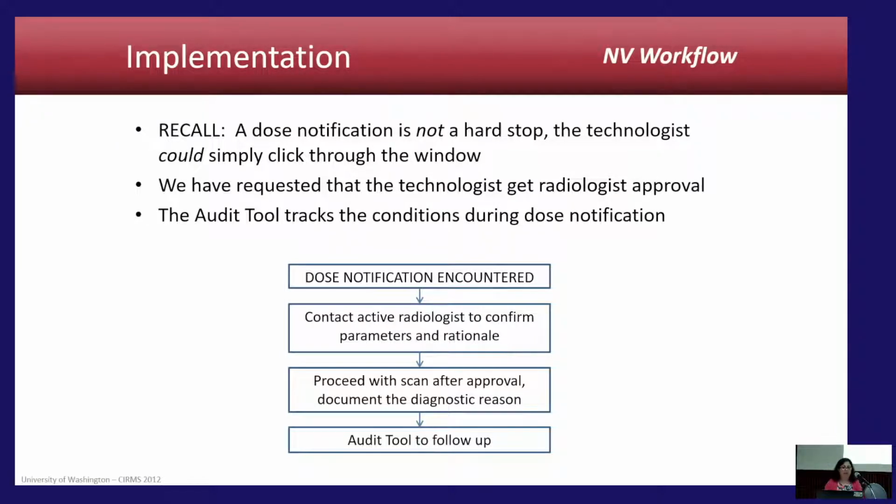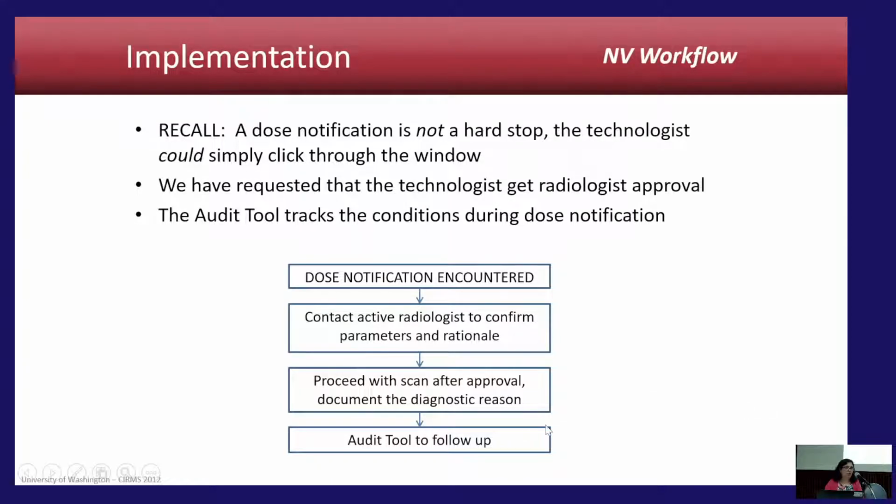So what we decided to do at our site is that whoever is the radiologist on call that day, or whoever's the attending that day in the reading room, you need to confirm with them whether you can go ahead with the scan or whether you need to readjust the parameters. Because just saying, oh, it's okay and let's go ahead, defeats the purpose of doing it. So you need to make sure there is some follow-up and you're closing the loop to make sure you should be doing that scan or not. If the radiologist said, yeah, fine, the dose is high, but we need this, you go ahead and scan after approval.